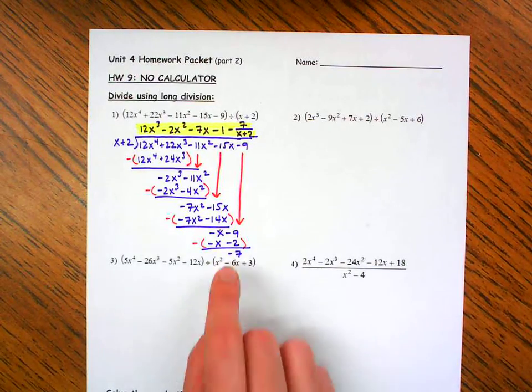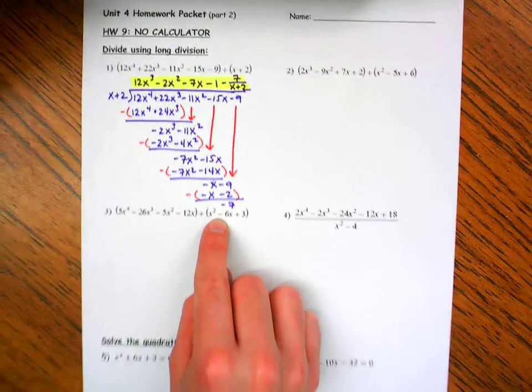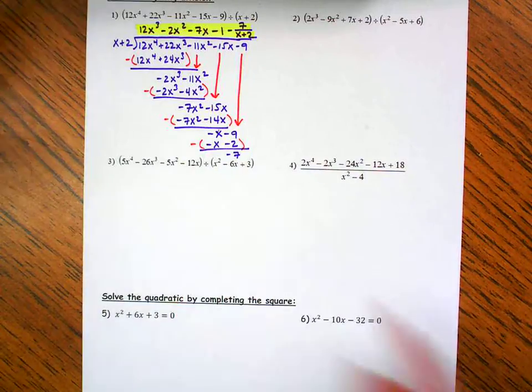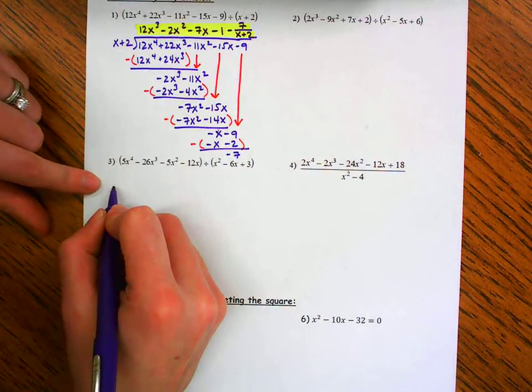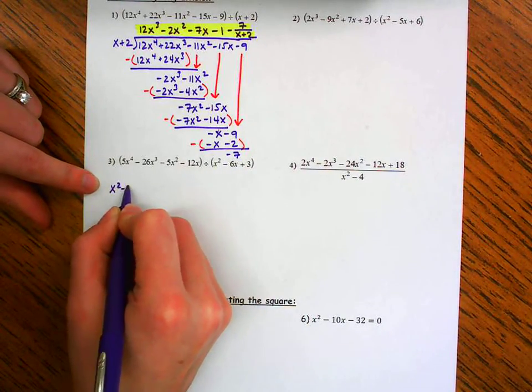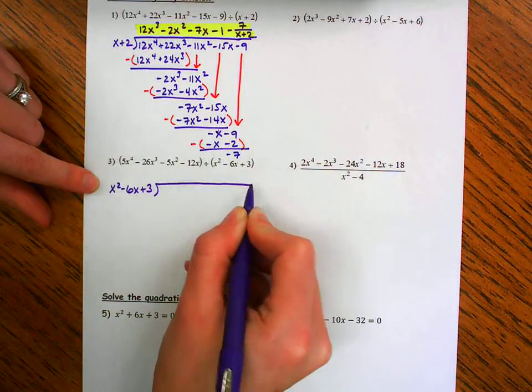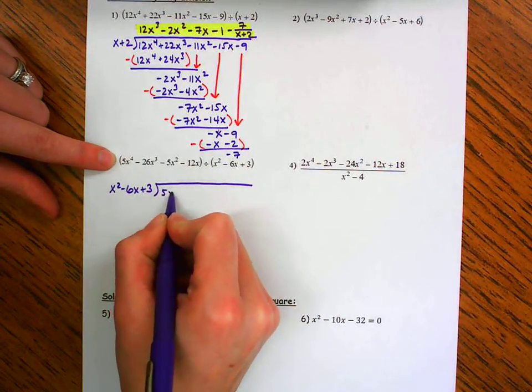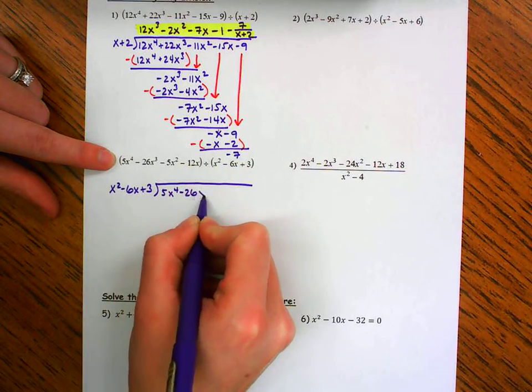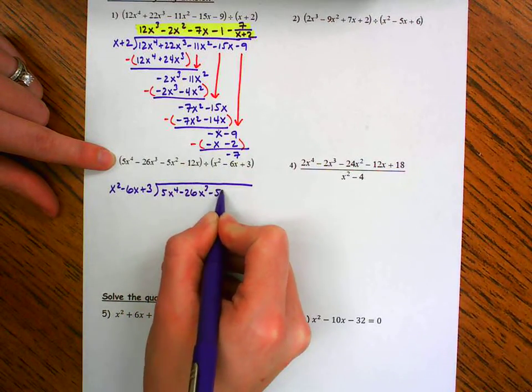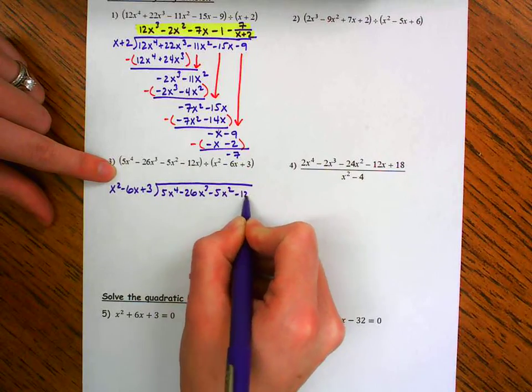Let's do another one. Notice now I'm going to divide by something that has 3 terms. So let's get this set up. I've got x squared minus 6x plus 3, and I'm dividing this into 5x to the 4th minus 26x cubed minus 5x squared minus 12x.